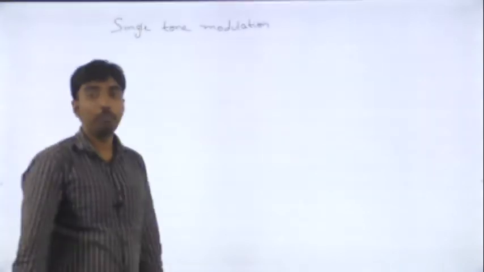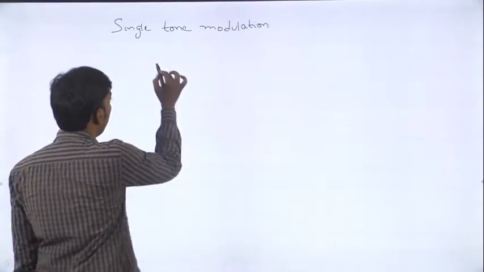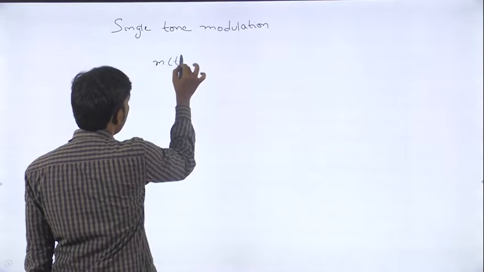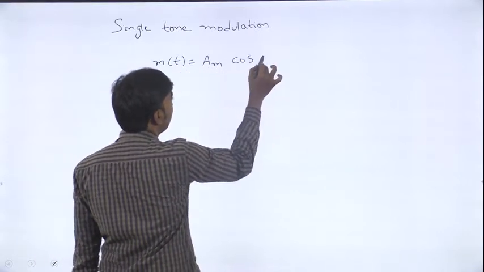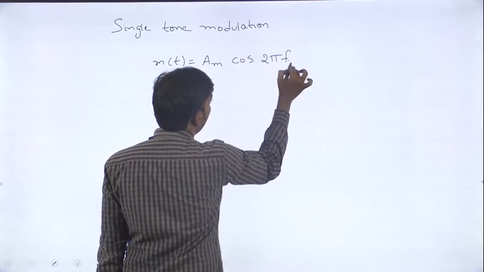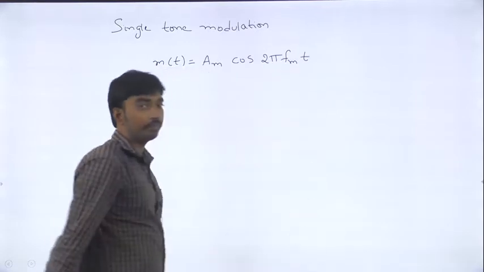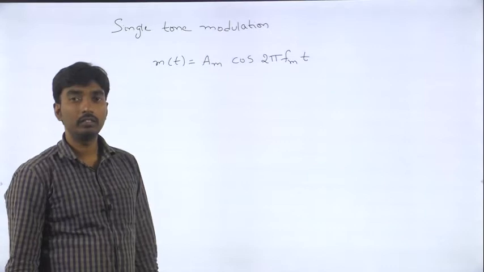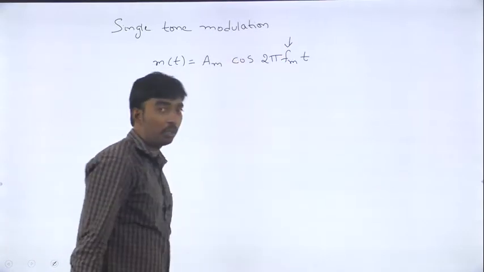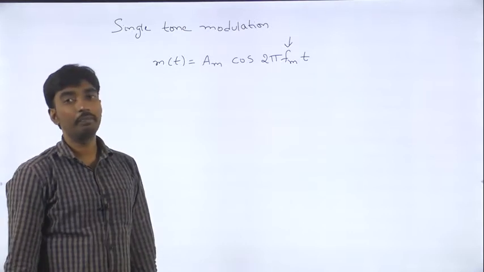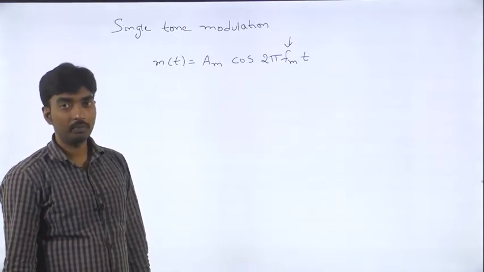So one frequency component which you are going to consider for m of t. Now m of t is equal to am cos 2 pi fmt. If I take single frequency component, that I can call it as single tone modulation, as we have already discussed in the amplitude modulation.